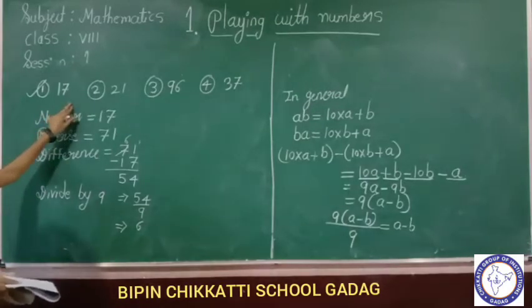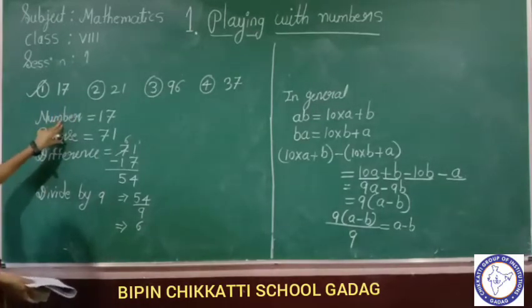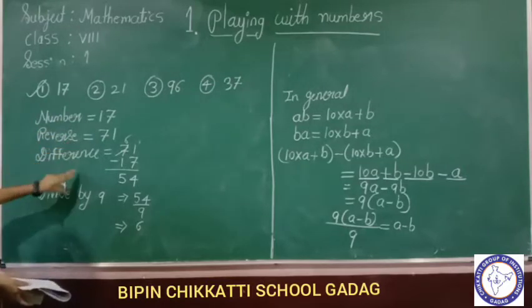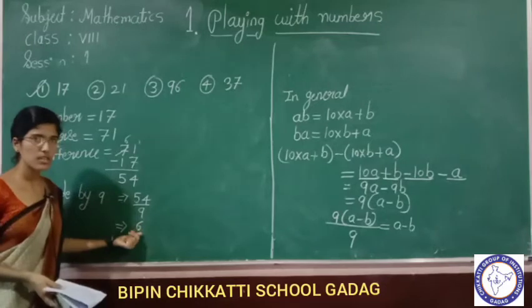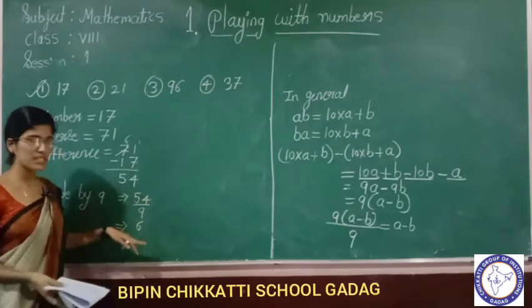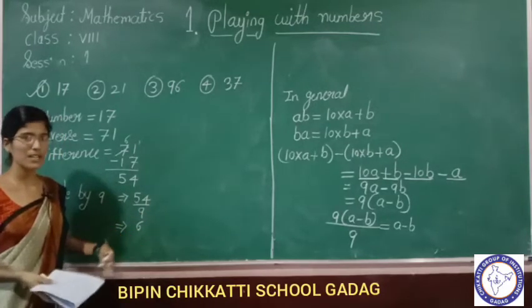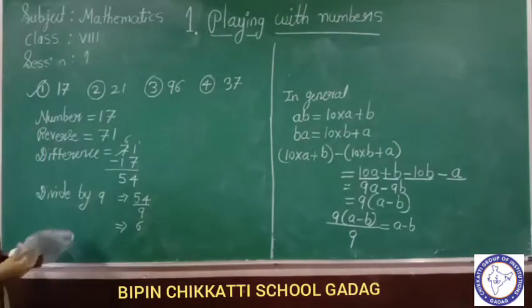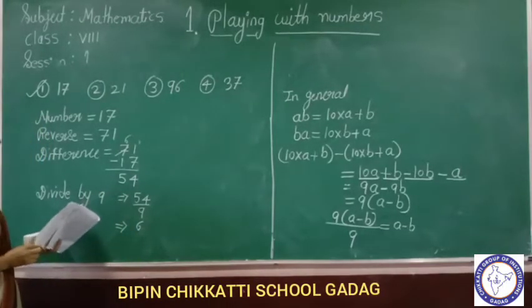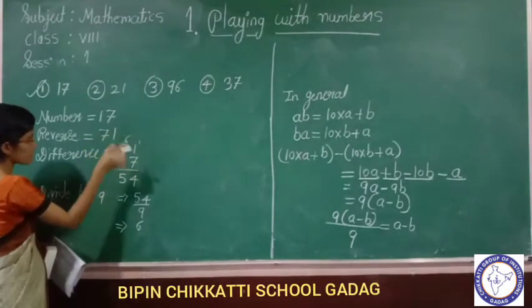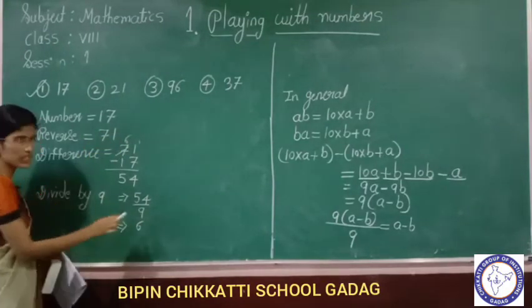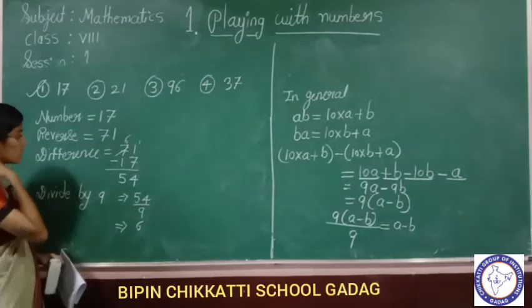Take the number, reverse it, do the difference, divide by 9. We got 6. Now when we got the answer 6, definitely the remainder is 0. Yes or no? The remainder is 0. Again see here, student, 7 minus 1 is 6. The quotient is 6.